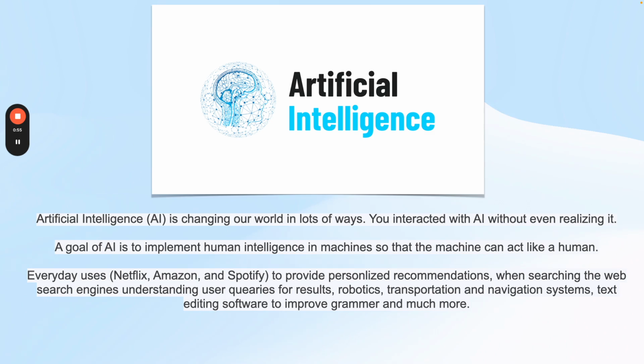Everyday uses that we see, I'm going to explain a little bit more in the next bit of information, but Netflix, Amazon, Spotify, they all give you personalized recommendations. That's one very common way you find, as well as searching the web with the different queries you get based upon what you've done in the past, robotics, transportation and navigation systems.